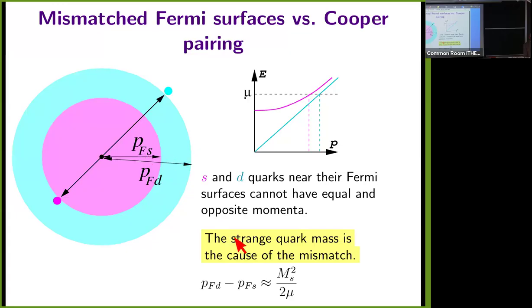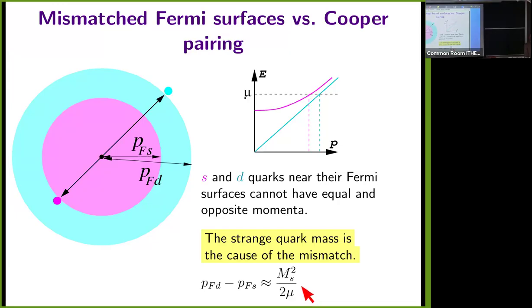And this is because of the strange quark mass. And if you ask, what's the difference between these two Fermi momenta? If you assume the strange quark mass is not too big, then you can expand and you find that it's about strange quark mass squared divided by twice the chemical potential of the quarks.